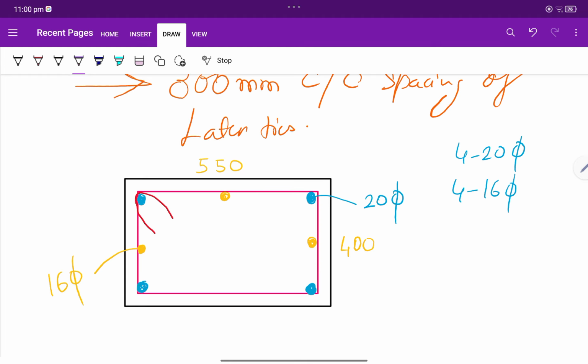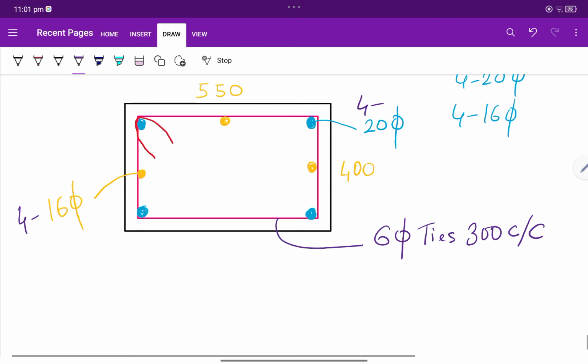This is our lateral ties, that is 6 dia ties at 300 center to center spacing. This is the number of 20 dia bars, and this is the number of 16 dia bars. So our reinforcement detailing of the column is completed.